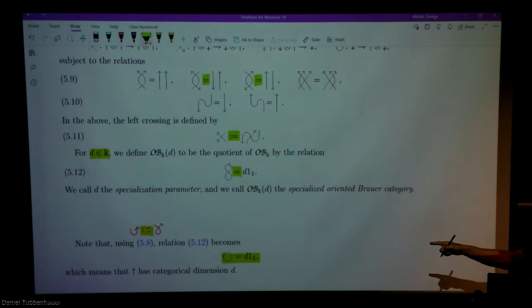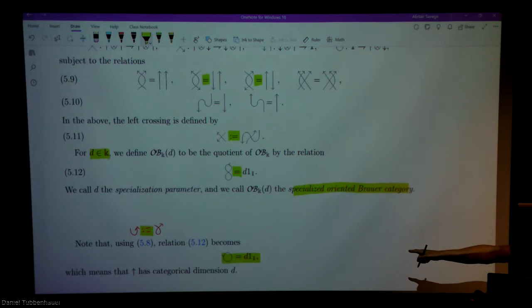And remember, we had an interpretation for that. That's the categorical dimension of this up arrow. So the relation that we're imposing is that this generating morphism has categorical dimension D. I call this the specialized oriented Brauer category. But in the literature, if you look up oriented Brauer category, it may just include this relation. So you have to be careful about whether they're including that relation or not.